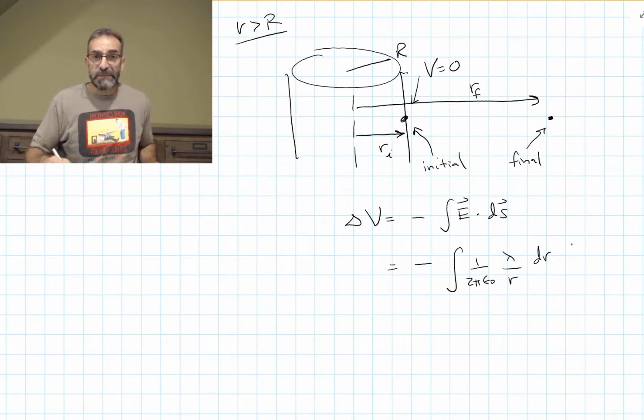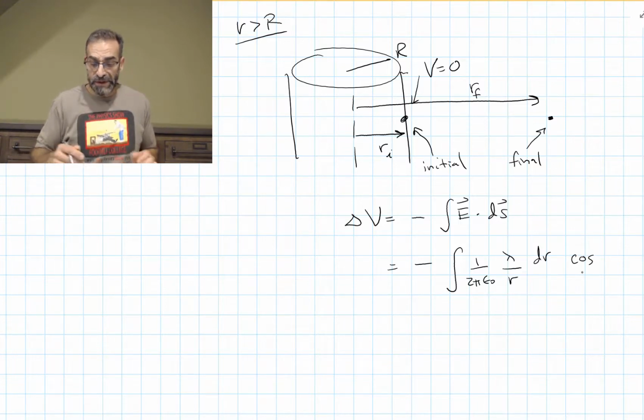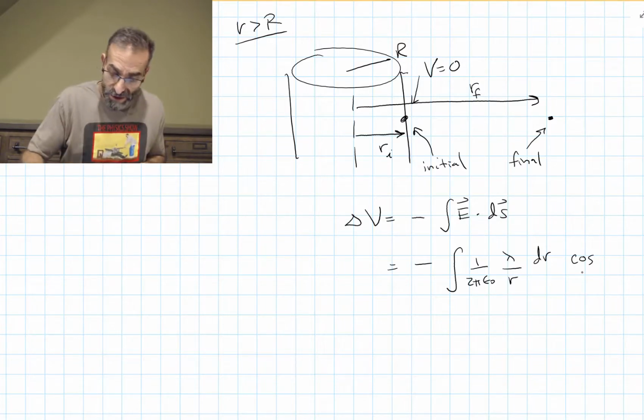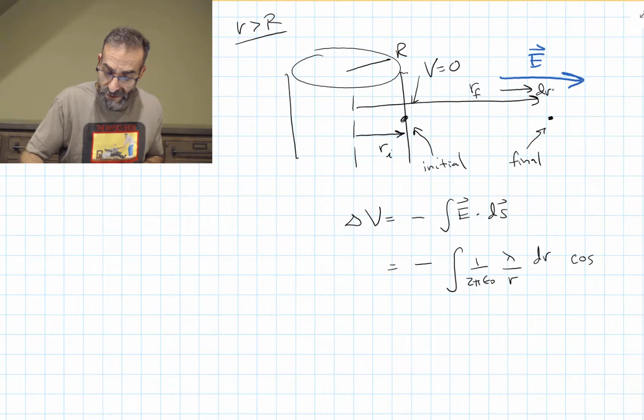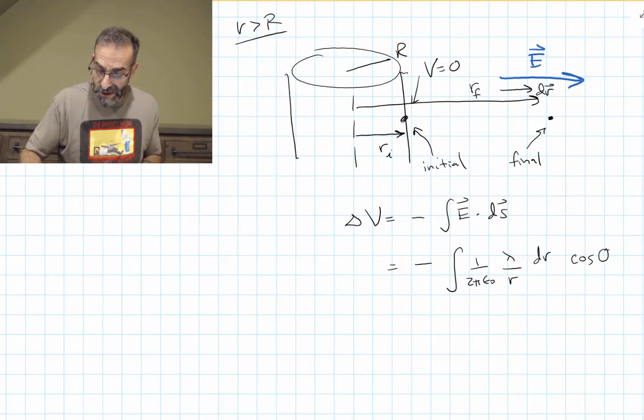And the dot product is the cosine of the angle we get when we put the tails together, ds and our electric field. Our electric field, we know, points out, and dr points out. So we're going to have a cosine of 0 degrees here.